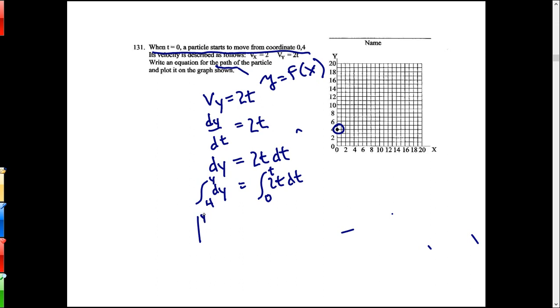Then you can integrate. The integral of dy is y, and the integral of 2t is t squared, from 0 to t. So we get y minus 4 is equal to t squared.